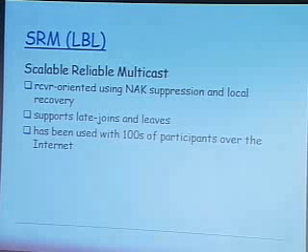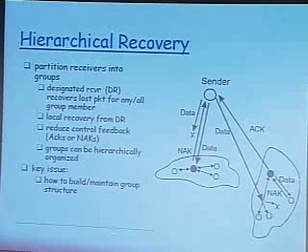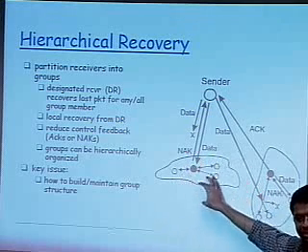So in SRM, which is proposed by Berkeley, it uses receiver oriented NAC suppression, again by this timing mechanism, and local recovery. In hierarchical recovery, what you do is partition receivers into smaller groups.